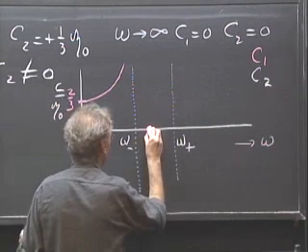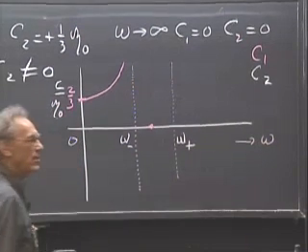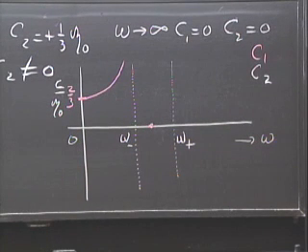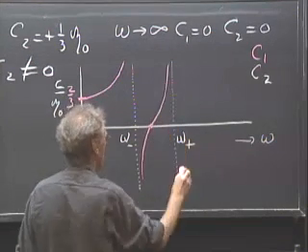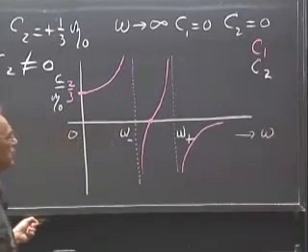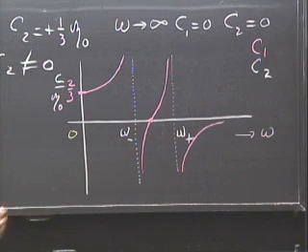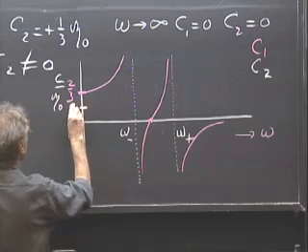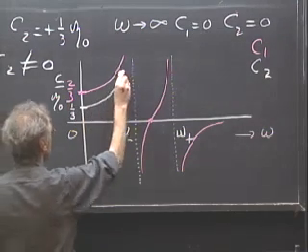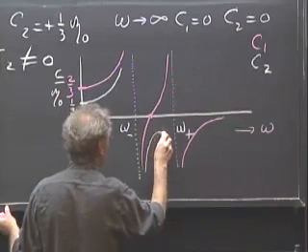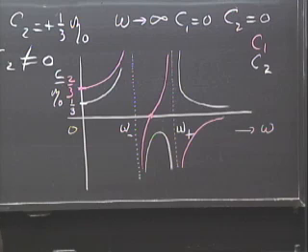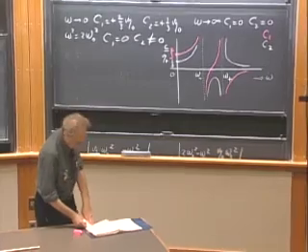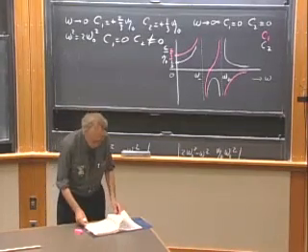And then here, when it is 1.4 times omega 0, the square root of 2, then it goes through 0, it comes up here, and then I get a curve here, without being too precise. And for C2, I get 1/3, and then it goes up, and then I get something like that. Yeah, I can live with that.